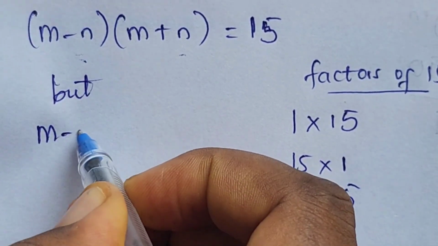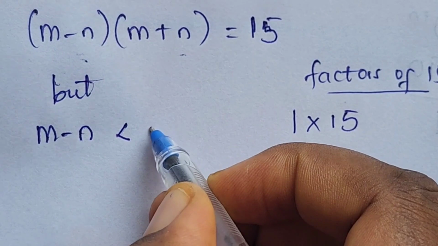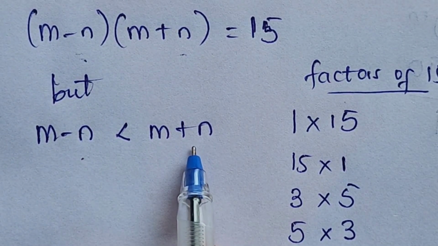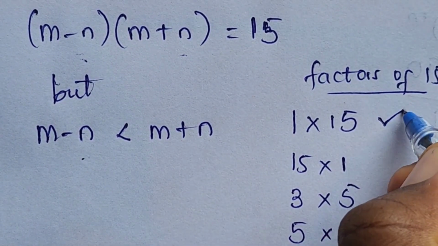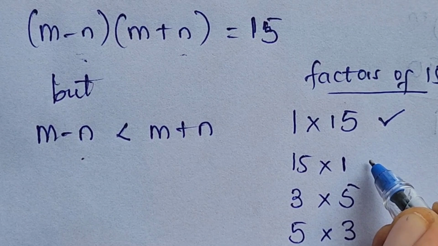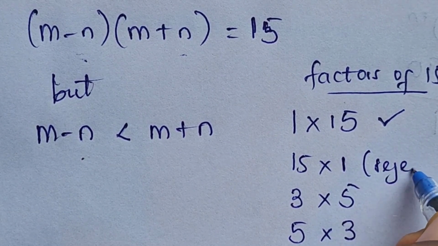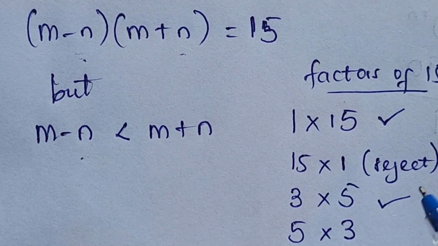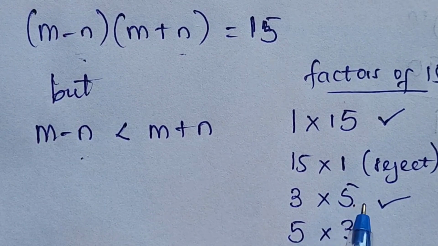But from here, let's recall that m minus n is less than m plus n. So with this condition, we can accept this, reject this, and we'll accept this. So we have 2 cases here.